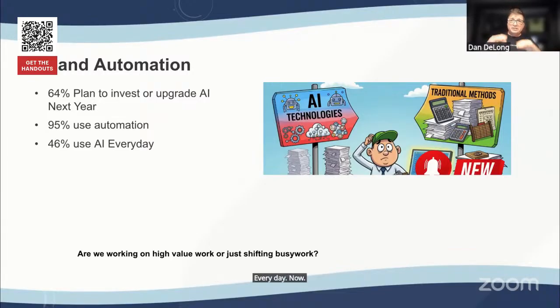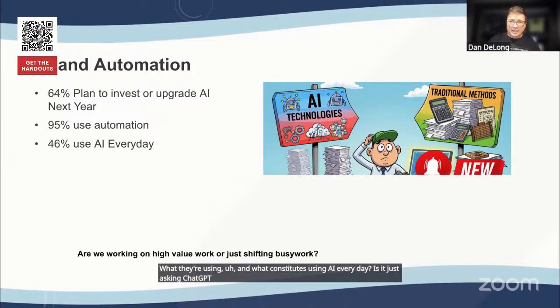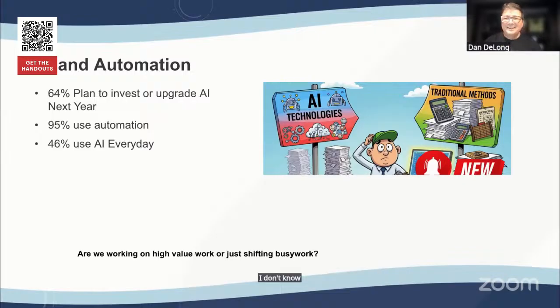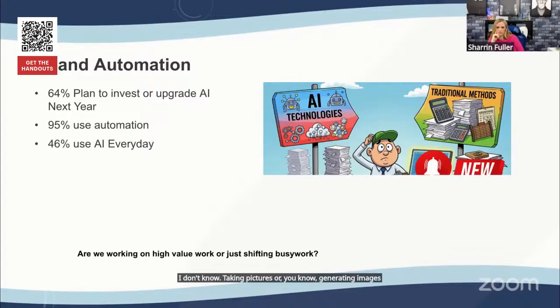Now, they didn't go into great detail as far as what they're using and what constitutes using AI every day. Is it just asking ChatGPT, what did I eat today? I don't know. Taking pictures or generating images or whatever.